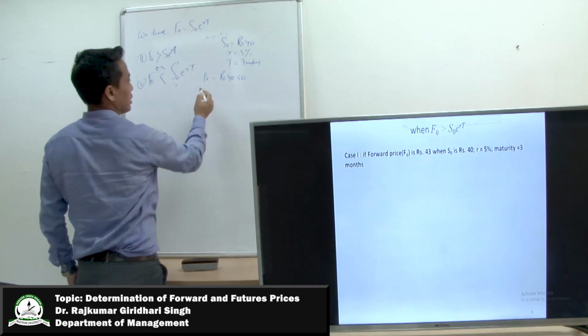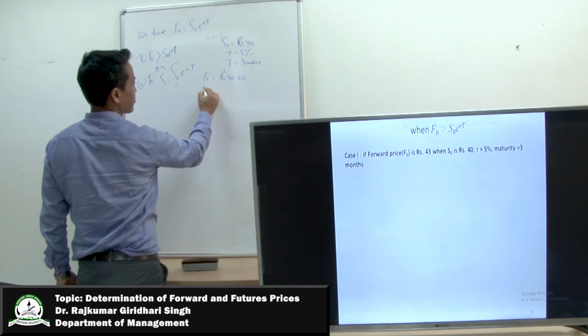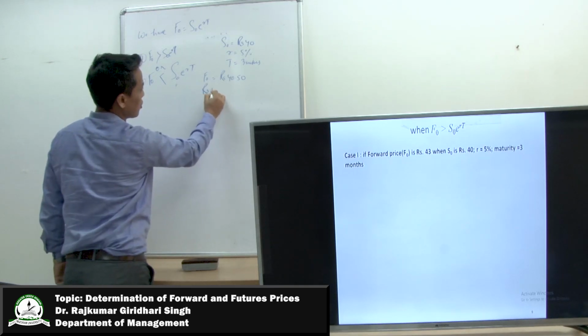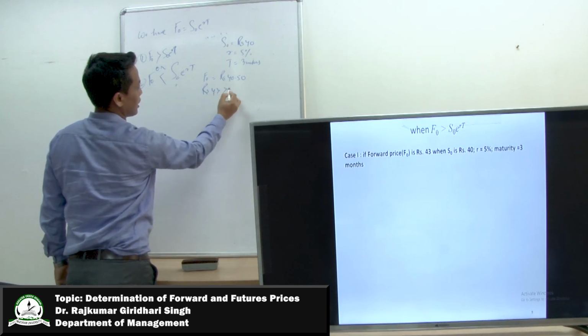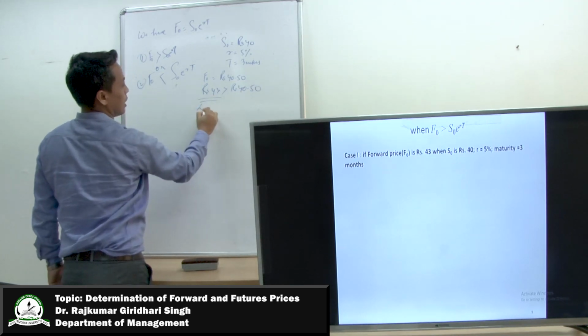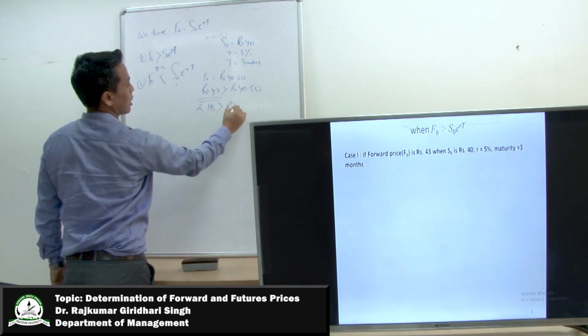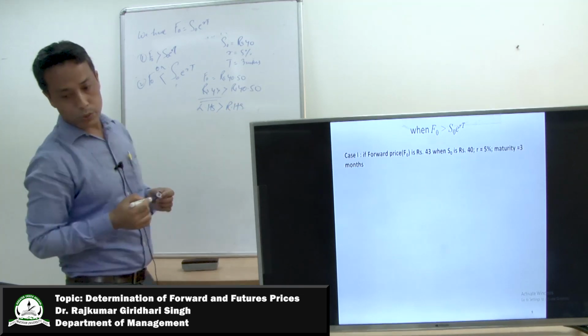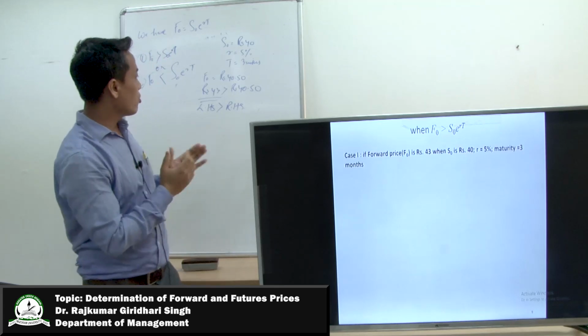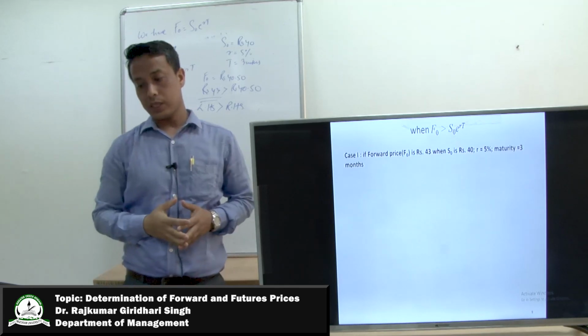Now suppose F0 is given as rupees 43. In this case the left hand side is greater than the right hand side. In other words, the forward price is costlier compared with the spot price.